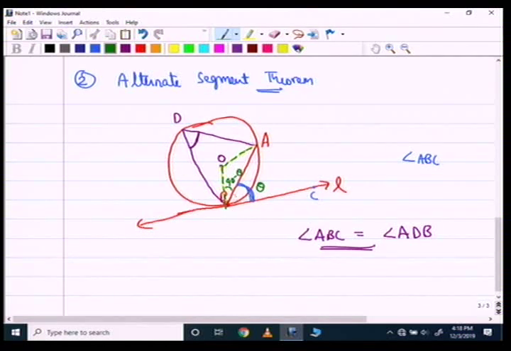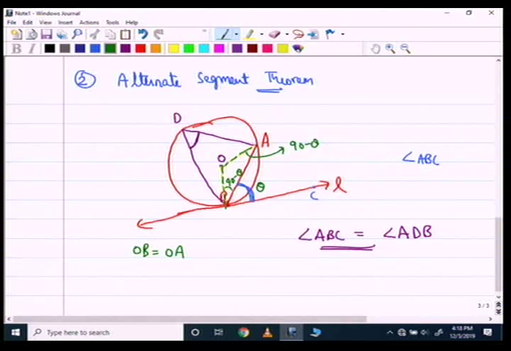minus theta inside, angle OBA, and angle OAB will also be 90 minus theta, because OB is equal to OA. We know OB is equal to OA, both are radius, so base angles will also be equal, 90 minus theta and 90 minus theta.